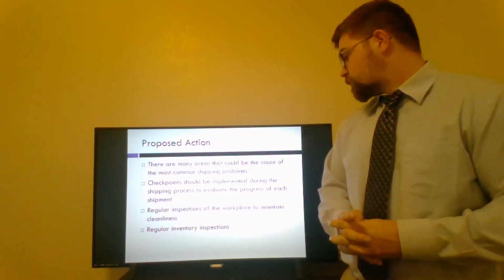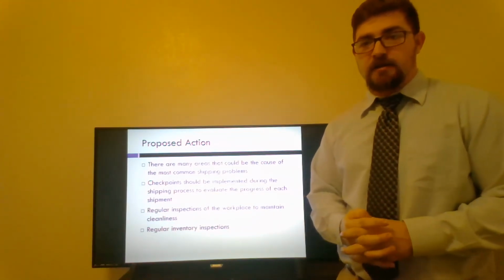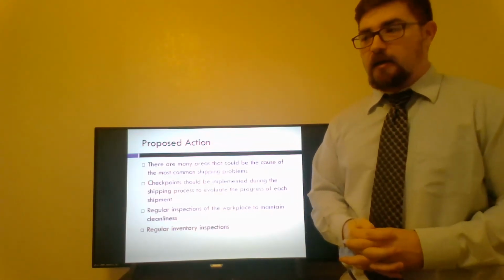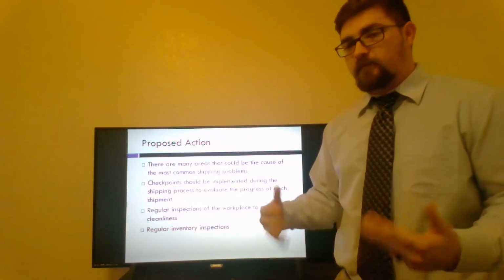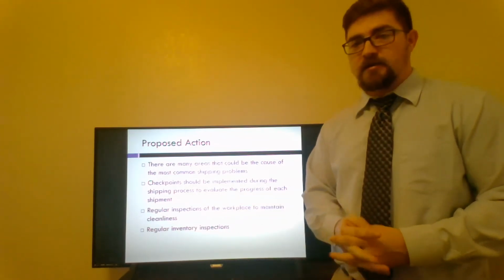Regular inspection for the workplace to maintain cleanliness. This again goes back to a messy work area where you have parts missing because they're just thrown around. And also regular inventory inspections.